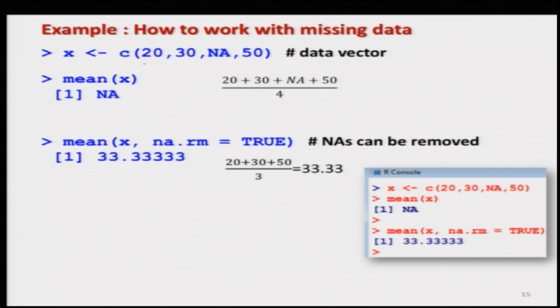Suppose I take 4 values 20, 30, NA and 50, and I assign them to a variable x, and suppose I want to find the arithmetic mean of the values in x. Although we have not discussed it here, you know that mean is the command mean, and inside the parentheses you give the data vector.